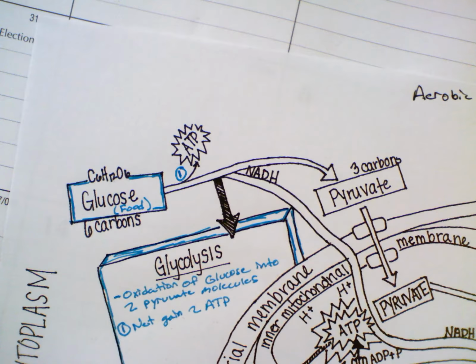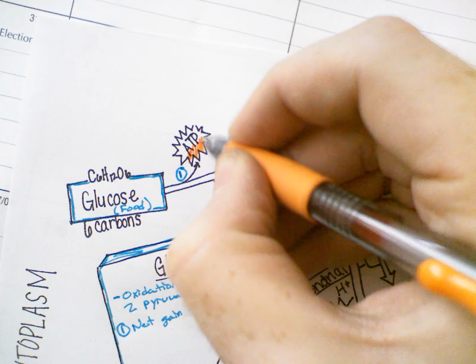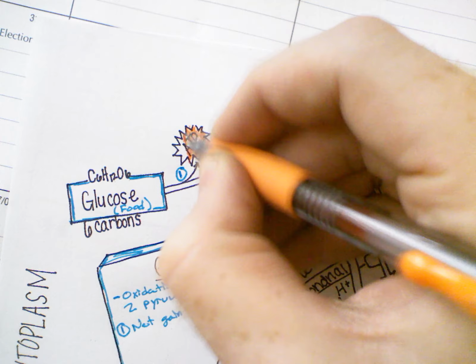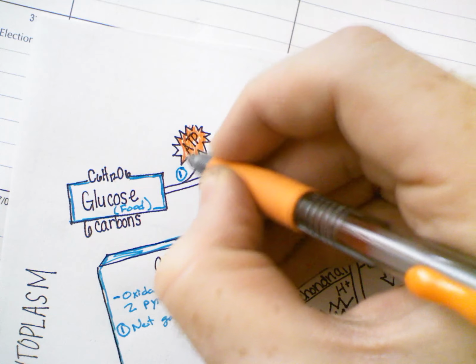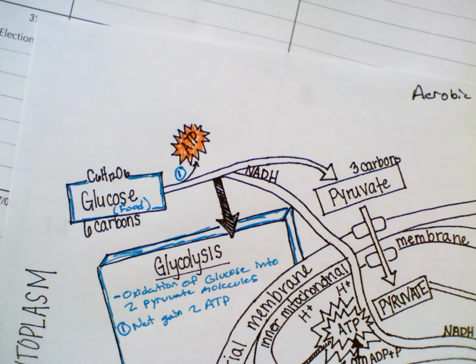So up here, anytime that we generate ATP, because there's 3 main places that we generate ATP in this process, and I want you to know when those 3 main places are. This is one of them. We're going to get ATP. Now, there are 2 different types of phosphorylation. What are they? There's oxidative phosphorylation, which we'll be doing at the end, but this is not oxidative phosphorylation. This is the other kind.